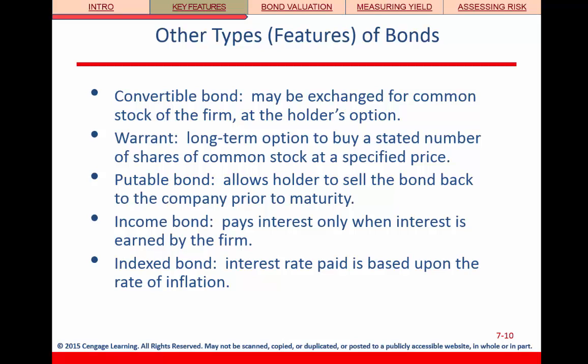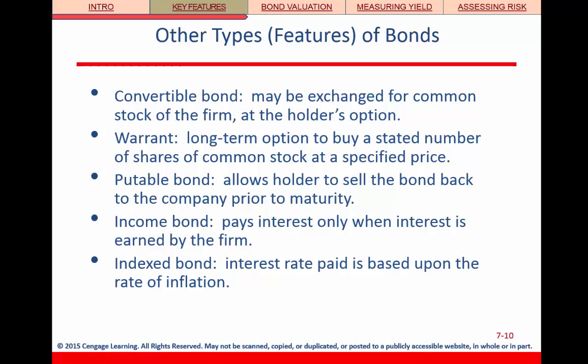And then we have a puttable bond, which is just the opposite of a callable bond. So a puttable bond allows the investor of the bond to sell the bond back to the company before the maturity date. This is usually issued by financially weak companies because this is a horrible type of bond for them to have to issue.